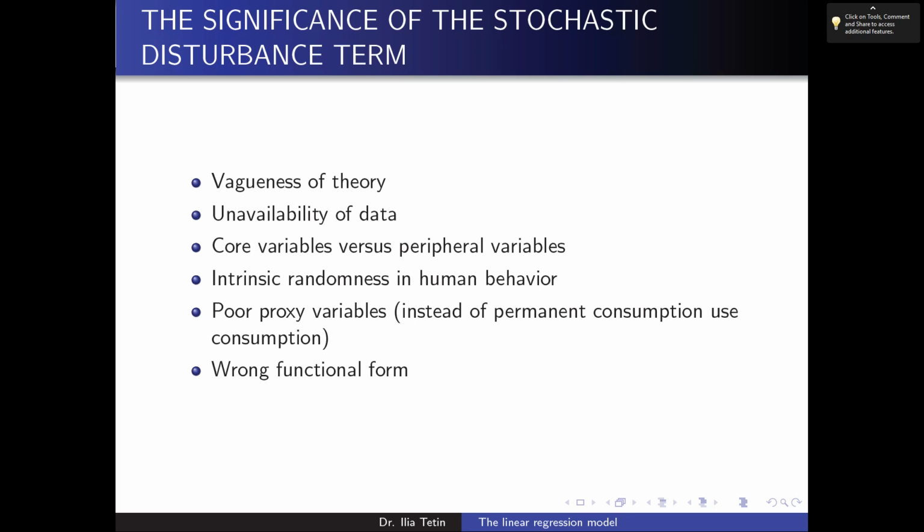So for example, the vagueness of theory, what can we say about it? We actually don't know for sure whether income actually is the predictor of consumption. We may not know how one variable impacts another in economic terms.